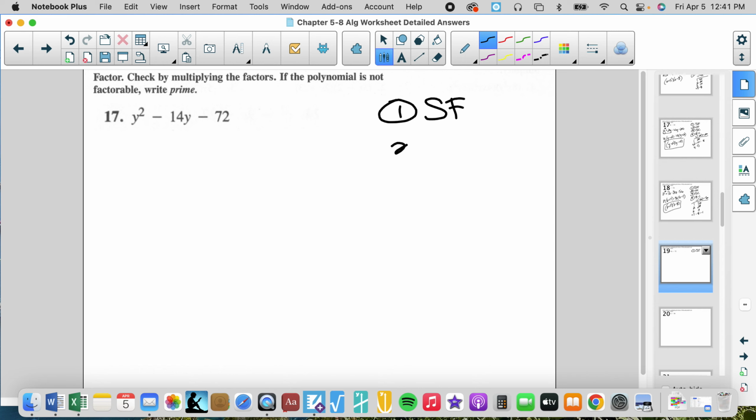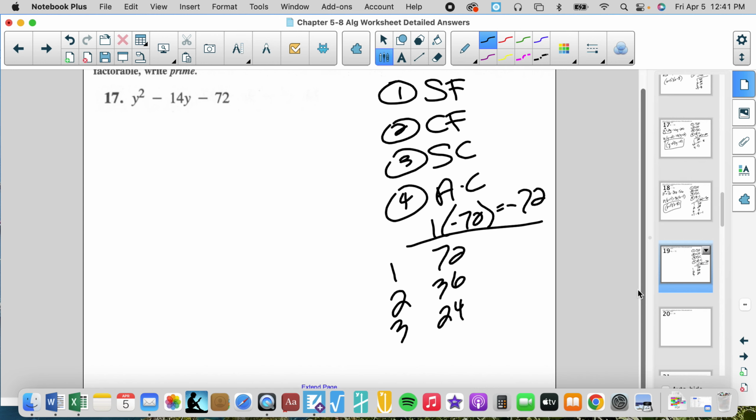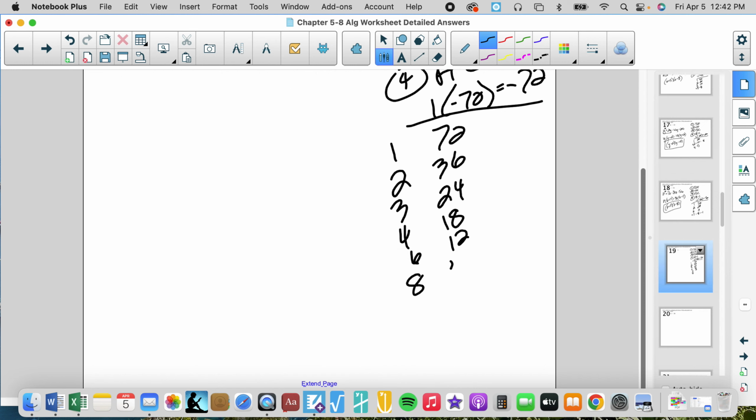Standard form, common factor, special case, A times C. 1 and 72, 2 and 36, 3 and 24, 4 and 18, 5 no, 6 and 12, 7 no, 8 and 9.